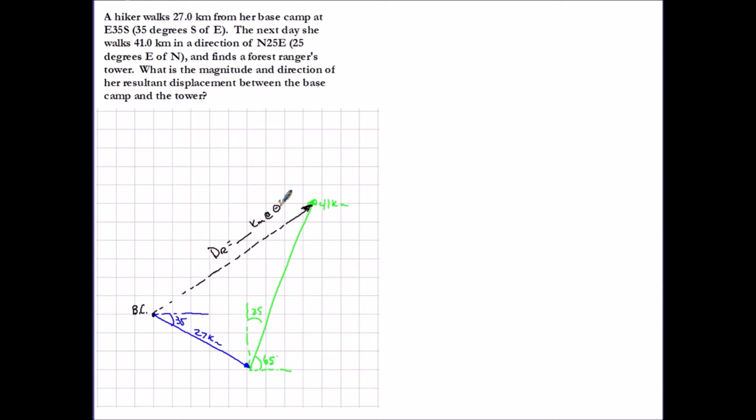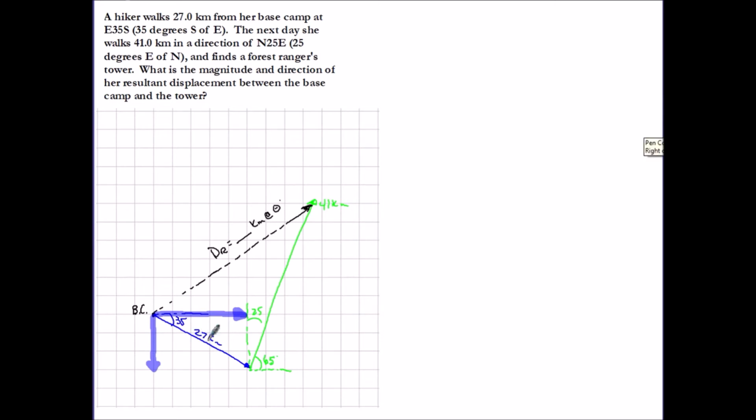I'm going to break each of these two vectors into their components, and I'm going to do that over here just graphically by creating a little diagram that looks something like this. So I'd like to find out how far that's projected in the east and how far that's projected into the south. So I'm choosing to show this as two sides of a parallelogram, where the resultant would be the diagonal.